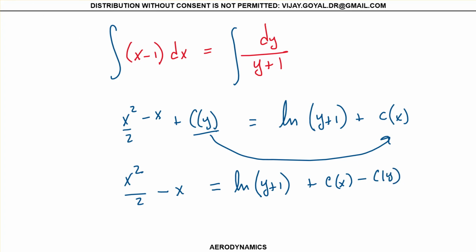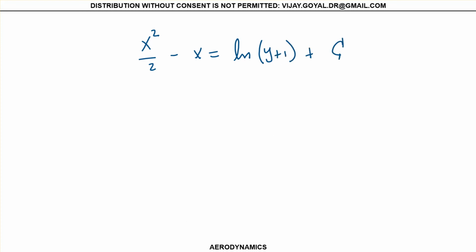Now, remember what I told you about the constant. Constants are constants, right? So how about we call this whole constant another constant, a big C? Then I can rewrite my whole equation as follows: x squared over 2 minus x is equal to the natural log of y plus 1 plus a constant C.